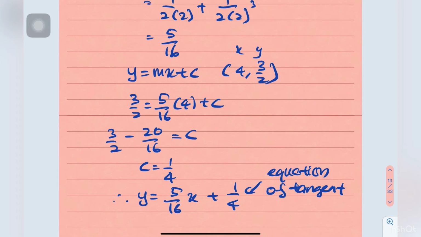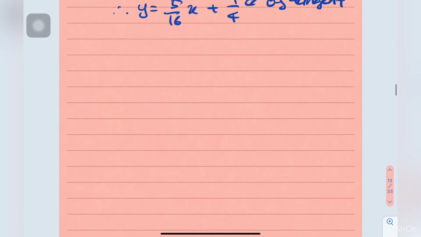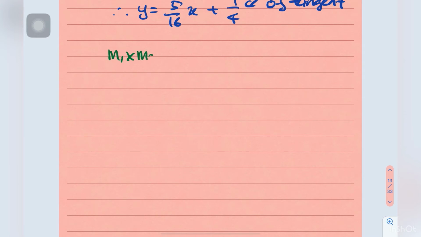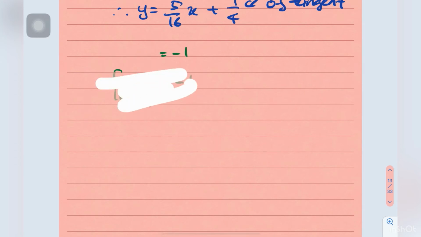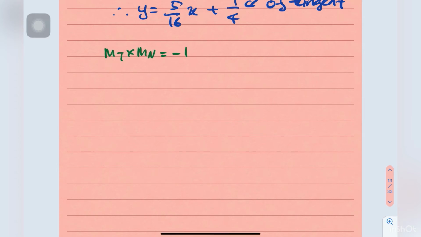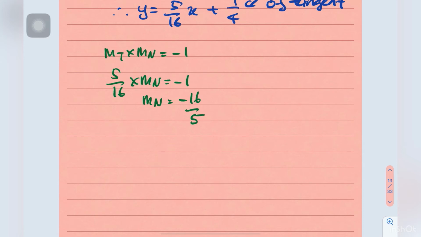Okay, so the next one, you have to find equation of normal, then find gradient of normal first. By using m1 times m2 equals to negative 1. Gradient of tangent just now is 5 over 16. So gradient of tangent times gradient of normal. Gradient of tangent is 5 over 16, gradient of normal is negative 16 over 5.